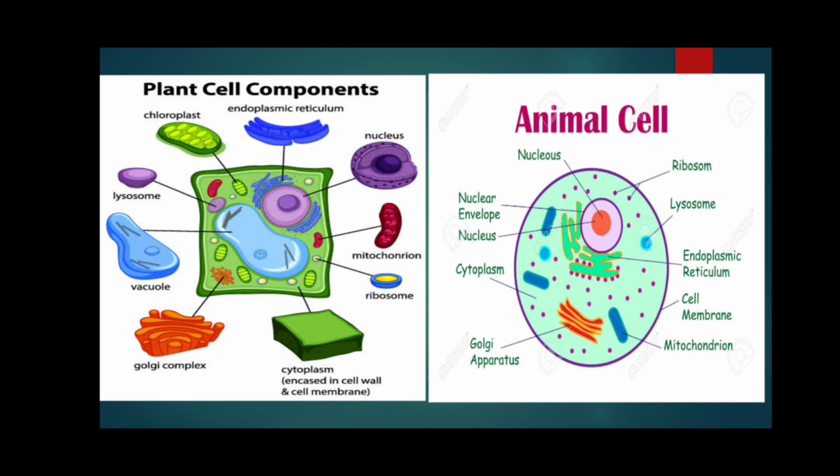In plant cells plastids are found, in animal cells plastids are absent, and other organelles are common in both. One more thing we can consider: the Golgi complex is called dictyosomes in plant cells. Centrioles are present in the animal cell, absent in the plant cell.